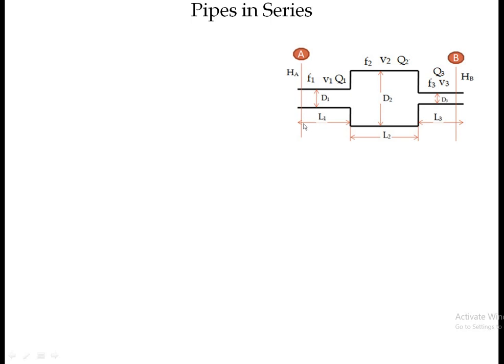We have chosen two sections, section A and section B. HA is the total head available at section A and HB is the total head available at section B. Total head means the addition of pressure head, that is P by rho g, plus kinetic head, V square by 2g, plus potential head Z. This is the total head at section A. Similarly, the addition of pressure head, kinetic head and potential head at section B is HB.